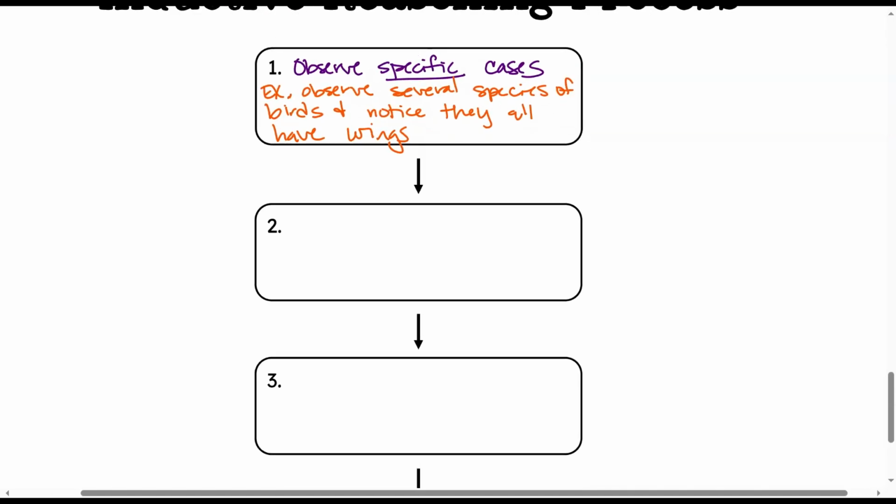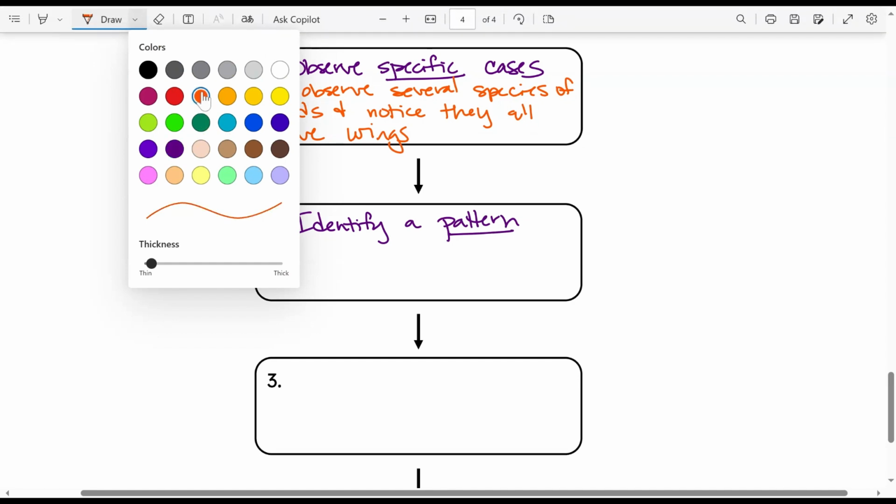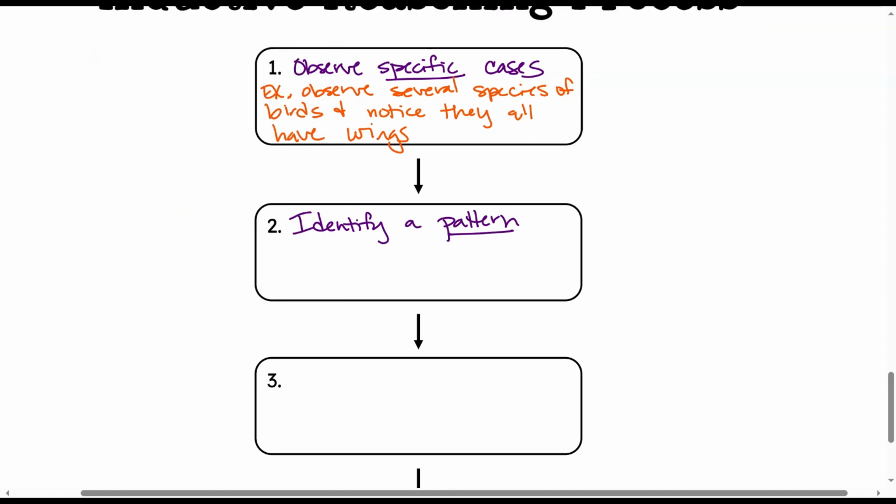So observe specific cases. The next step in the process is to identify a pattern. Again, this is the process, and this is just a little example. The pattern that we notice is that birds with wings can fly. That's just something that we noticed with all the birds that we observed.